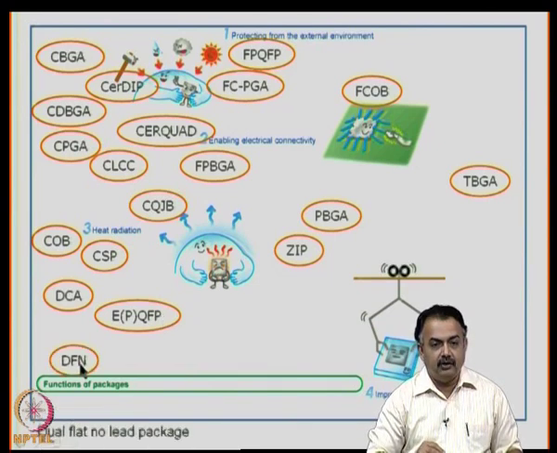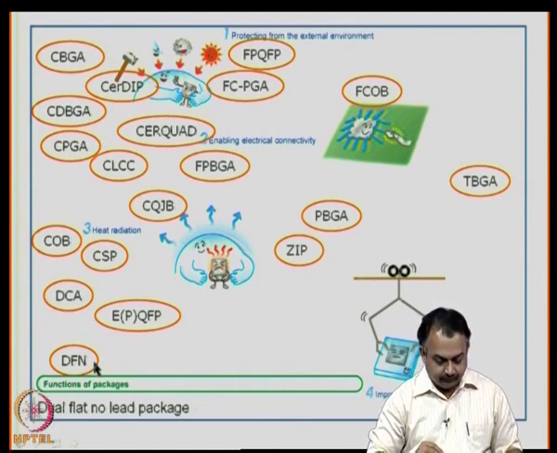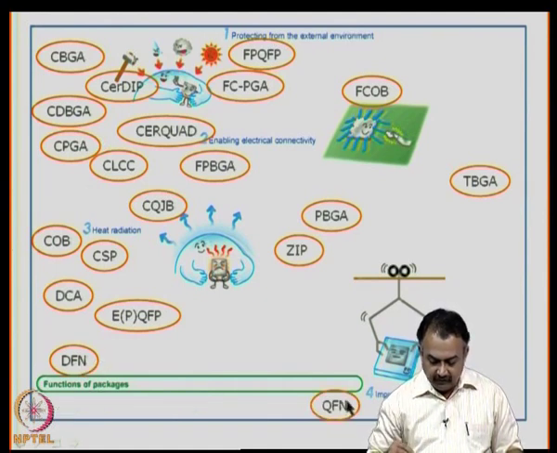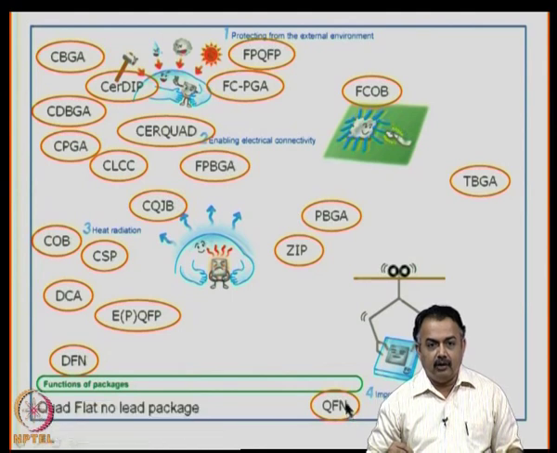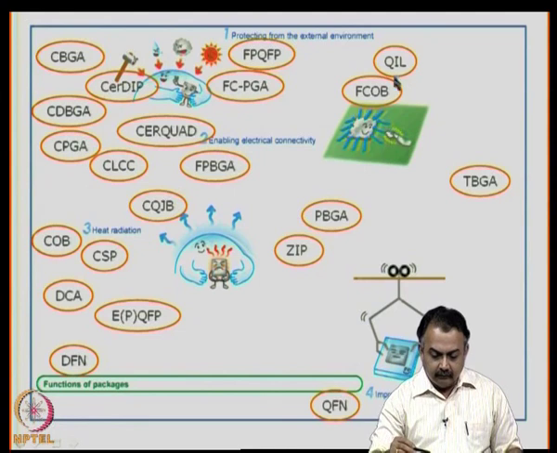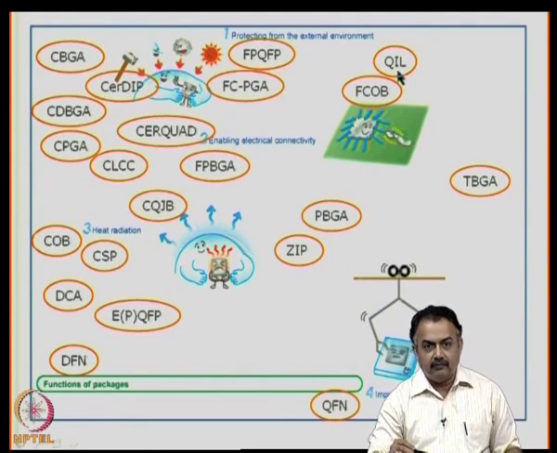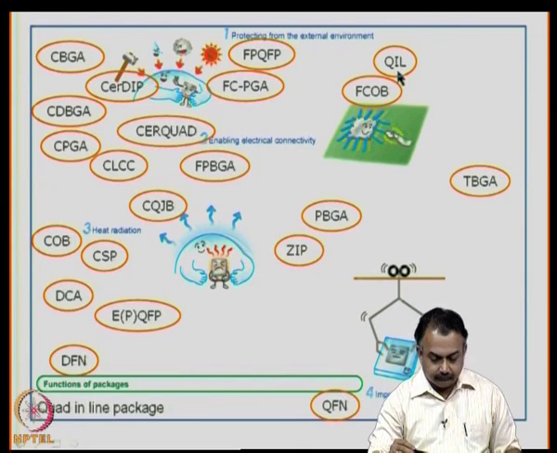DFN stands for dual flat no lead package. QFN stands for quad flat no lead package. QIL stands for quad inline package.